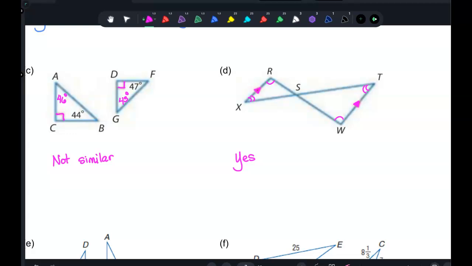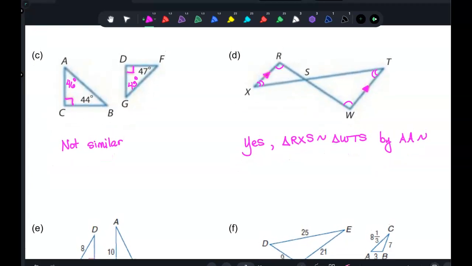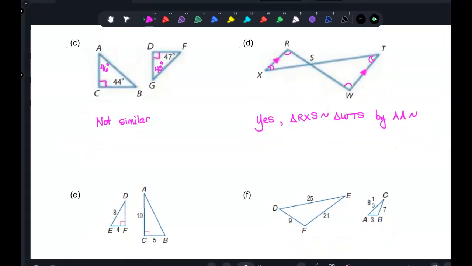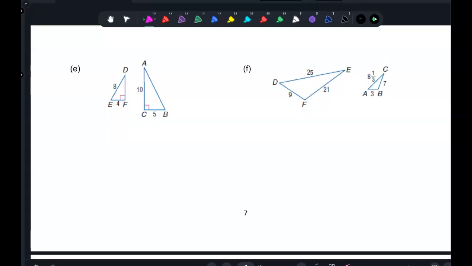Some of you might have used the vertical angles, and that's fine. So triangle RXS is similar to triangle WTS, and this will be angle-angle similarity. If you wrote angle-angle-angle similarity, I wouldn't mark anything wrong. It's fine. It's just that the postulate is angle-angle similarity.